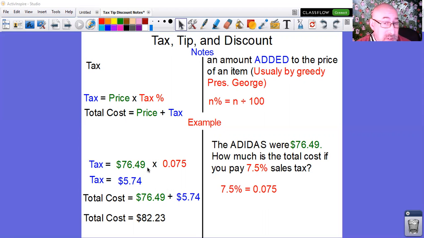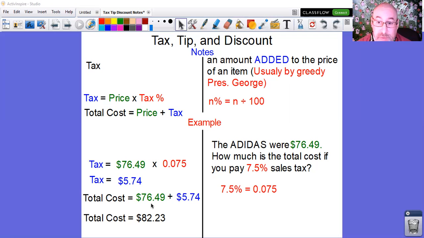Now, anytime we're dealing with money, you're going to need to round more times than not to the hundredths position because there's no part of a penny as far as our money goes. So then the total cost, we're going to add our original price plus the tax that we have to pay additionally. Good old greedy King George.